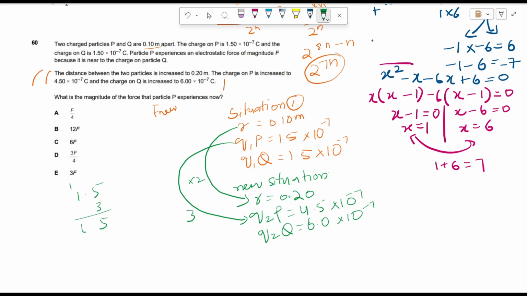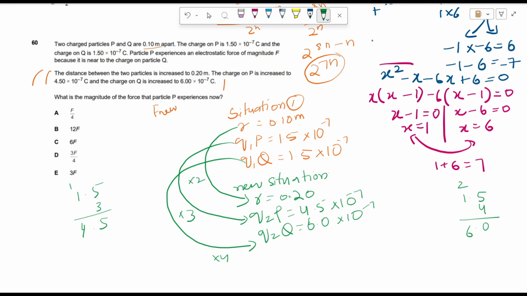So 4.5, which means charge on P is increased by 3 times. Charge on Q is increased by 4 times. How 4 times? If I multiply this 1.5 into 4, 4 5s are 20, 4 1s are 4 and 4 plus 2 is 6, right? So it is 6.0, which means it is increased by 4 times.